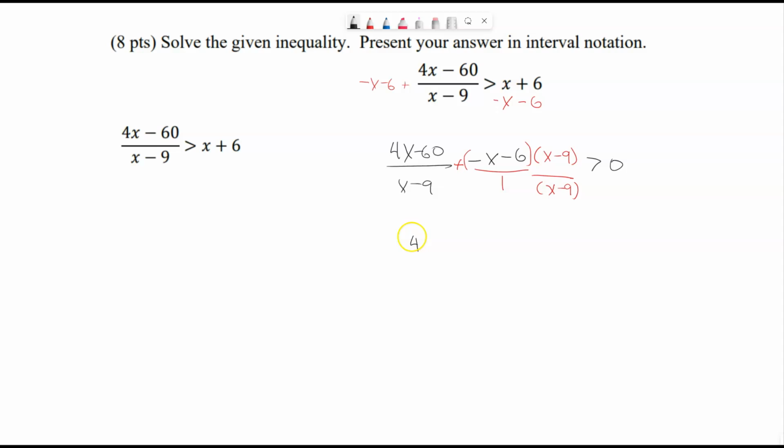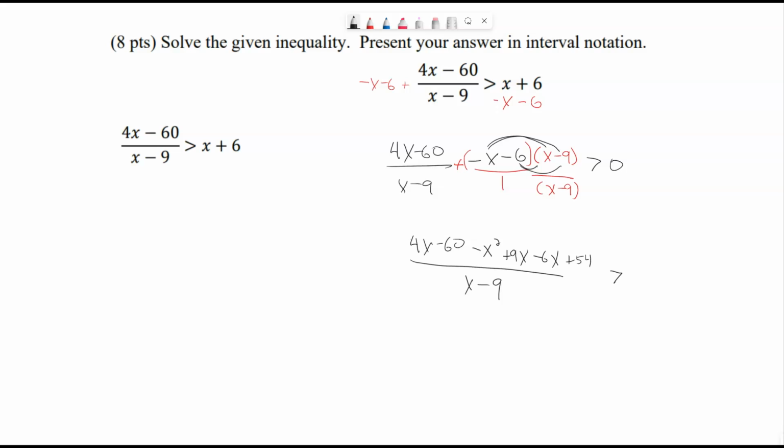So we would then have 4x minus 60 over x minus 9. Let's actually combine this whole thing into one fraction, since it is a common denominator. So the denominator is x minus 9. We would have, got to be careful distributing this, minus x squared plus 9x minus 6x and plus 54.